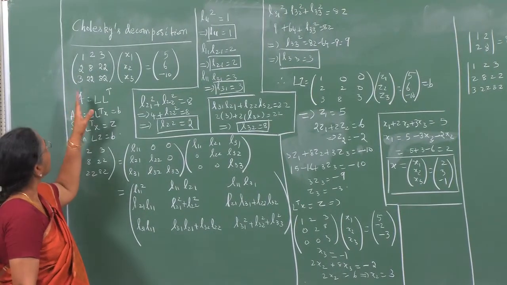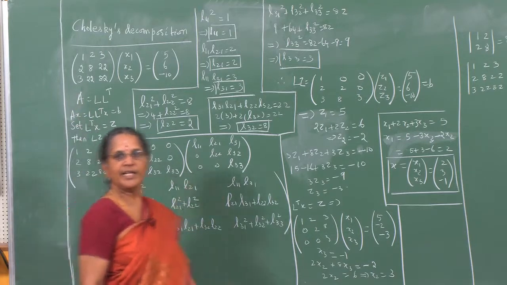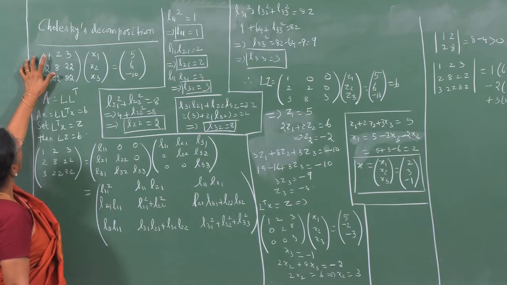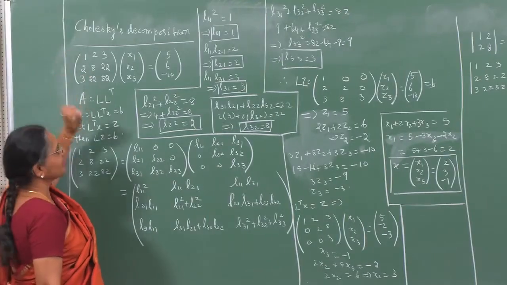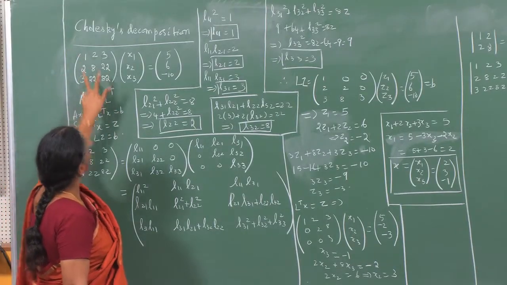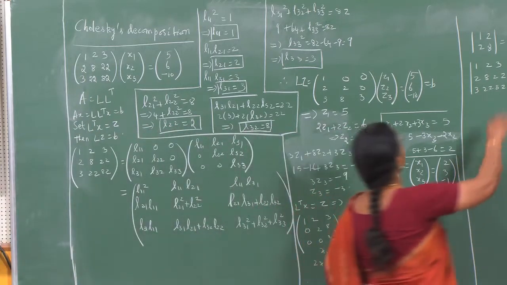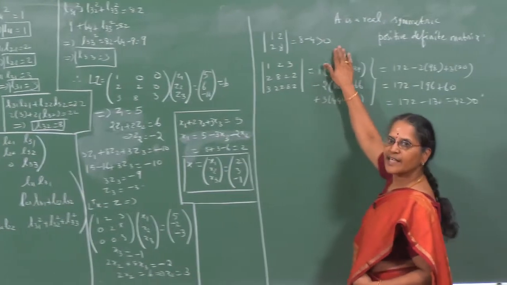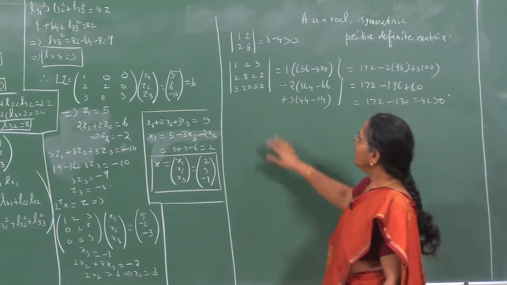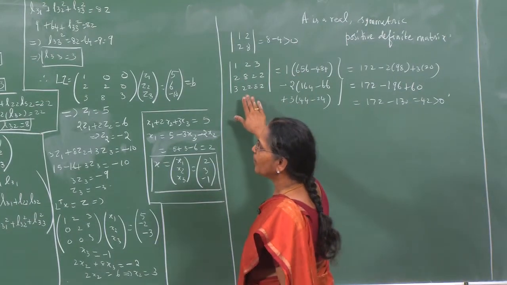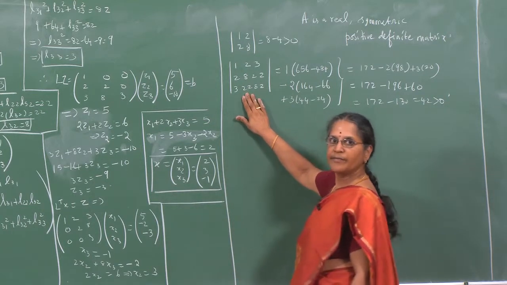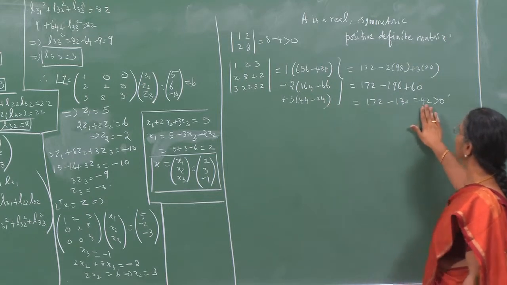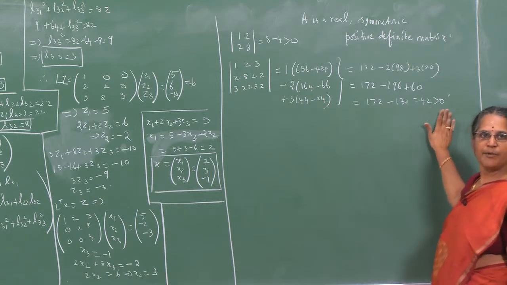In addition, we find all the leading principal minors. The leading minor of order 1 is 1 and it is positive. The leading minor of order 2 is the determinant 1, 2, 2, 8, and that is 4, which is again positive. The leading principal minor of order 3 is the determinant of A, and when we compute it, it turns out to be 42, which is again positive.